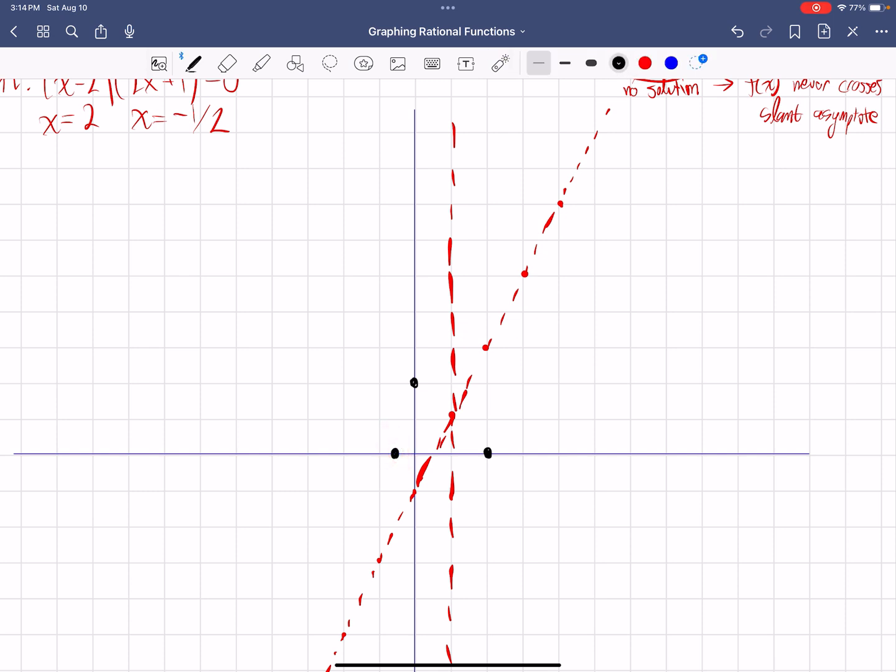Heading to the right, which way should I go, up or down? Well, I have to make it to this y-intercept, so I'll have to head up from there. I'll go through that. I can't turn around and come back down, because if I did so, I'd be crossing the slant asymptote, which I don't, and I'd be making a new x-intercept, which I don't. So I'm going to head up and approach this vertical asymptote.